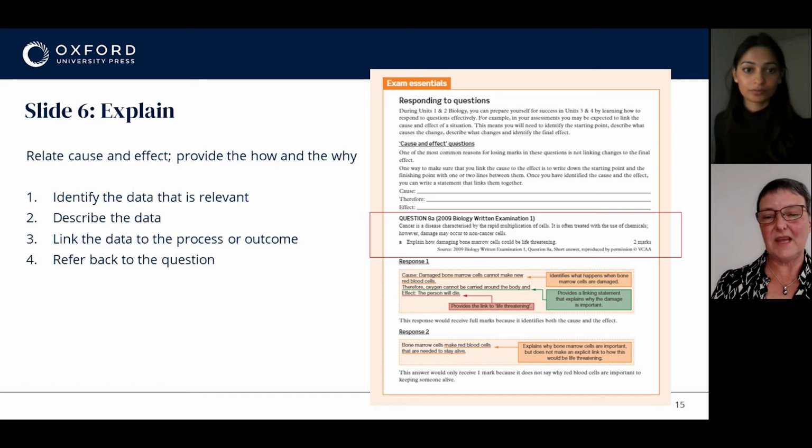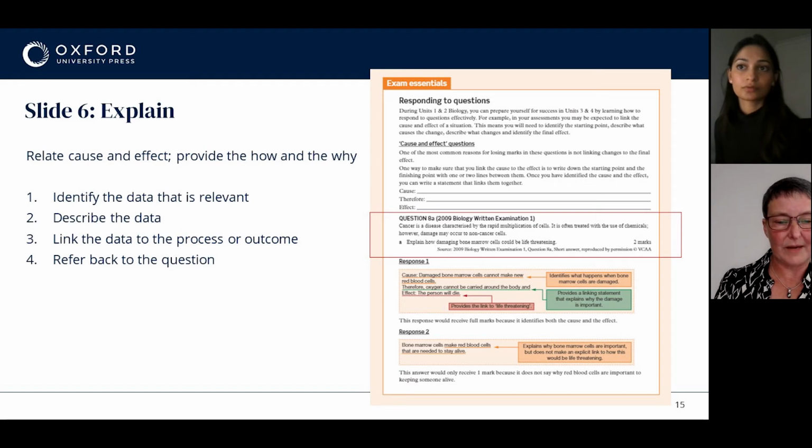So the key thing for them is sometimes you encourage them to jot down all the information and then to be able to put it in order of what's important and then link the data back, because explain means that cause and effect. So you don't just describe what's happening, but explain the relevance to the actual question. And that's often where they lose that final mark in a multiple example one.